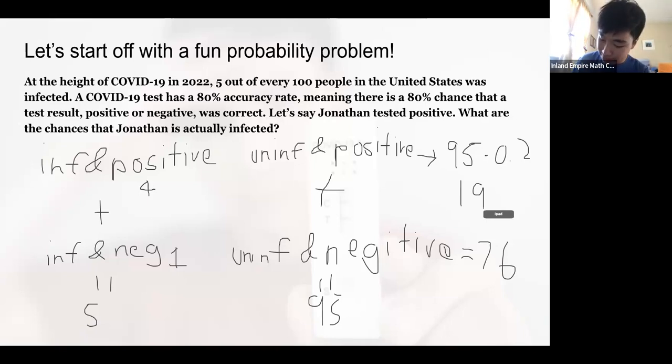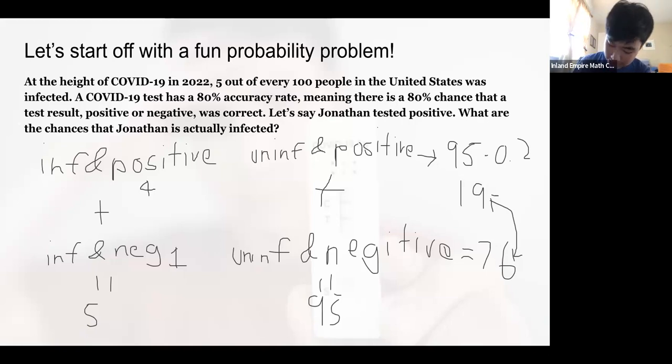Notice that both of these add up to 95. So out of the 100 people, we split the 95 uninfected people and the 5 infected people, and we split them into 2 pieces based on whether they test positive or negative.